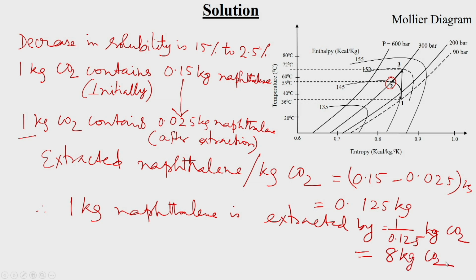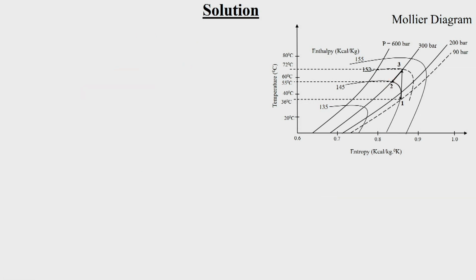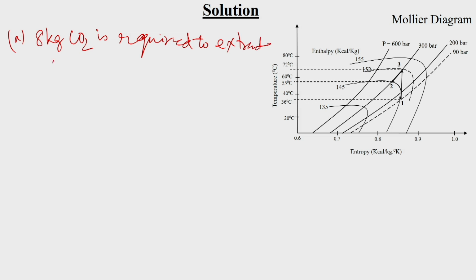So, the first problem that is asked, how much carbon dioxide is required to extract 1 kg naphthalene. So the answer is, 8 kg CO2 is required to extract 1 kg naphthalene.